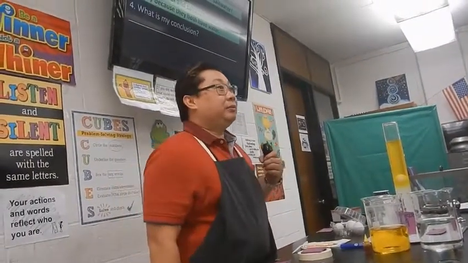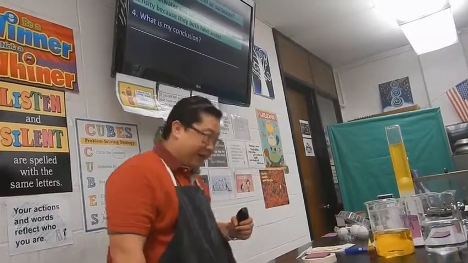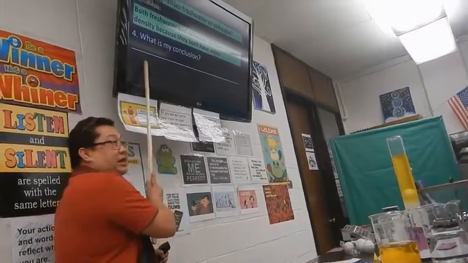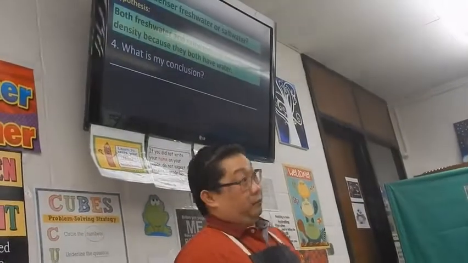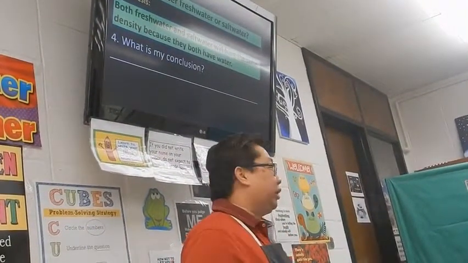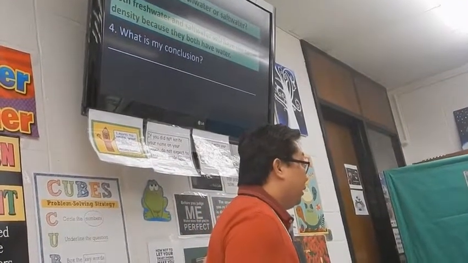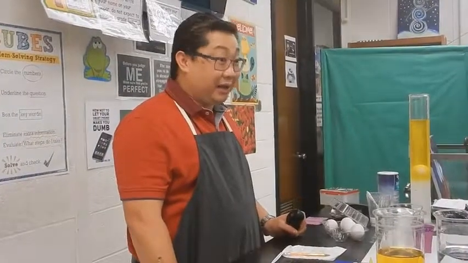Yes, Caitlin? Very good. So, you will write in here, my hypothesis was wrong because we found out that the salt water is denser than the fresh water, and also the salt water was denser than the egg.